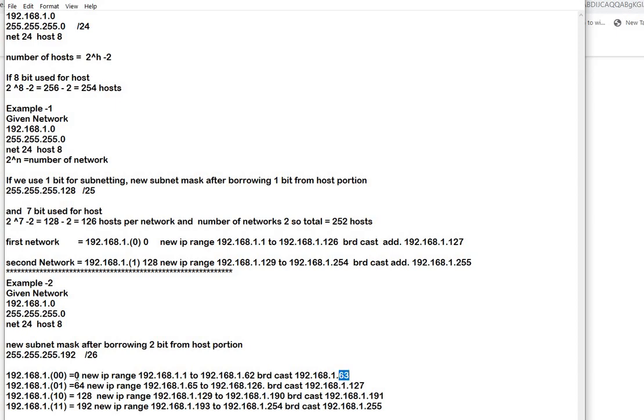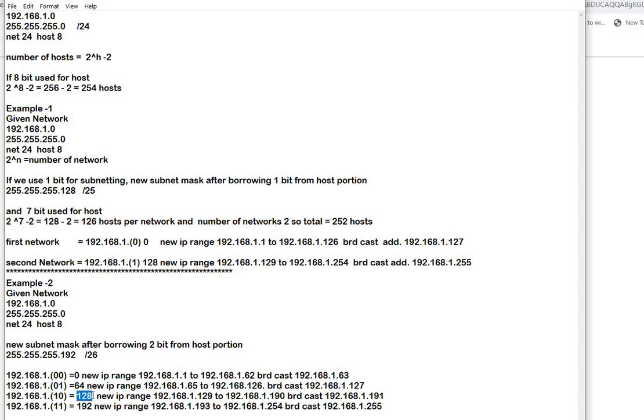My first range will start with the network 0 and IPs 192.168.1.1 to 192.168.1.62. Similarly, the second network is 64, IPs start with 65 and go until 126. 127 is the broadcast address.